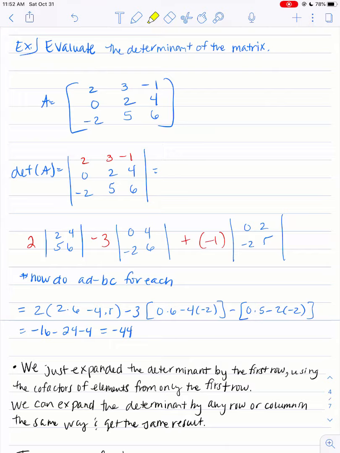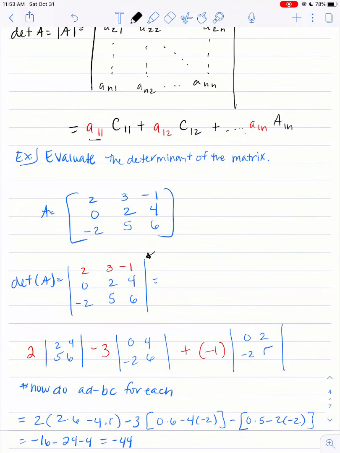Okay, so we're going to evaluate the determinant of this 3x3 matrix. So the determinant of A, I have my first row, I have 2, 3, -1. I drew it in red. Okay, so our first step is I'm going to, basically, just take the first element and put it down here. And then I'm going to find the sign of my cofactor. So if we do the alternating sign, it's going to be plus, minus, plus.